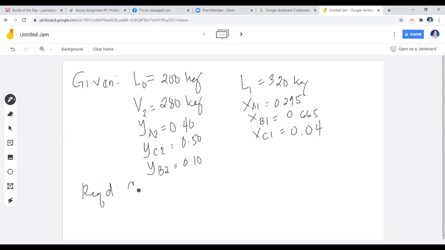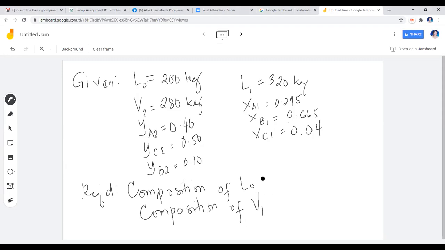So we need to know the composition of L0 and the composition of V1, our extract. So your L0 here will be, of course, XA0, XB0, XC0. Your V1 in terms of composition would be YA1, YB1, and YC1. So these are the things that we need to know. Given this information, we are to find this.